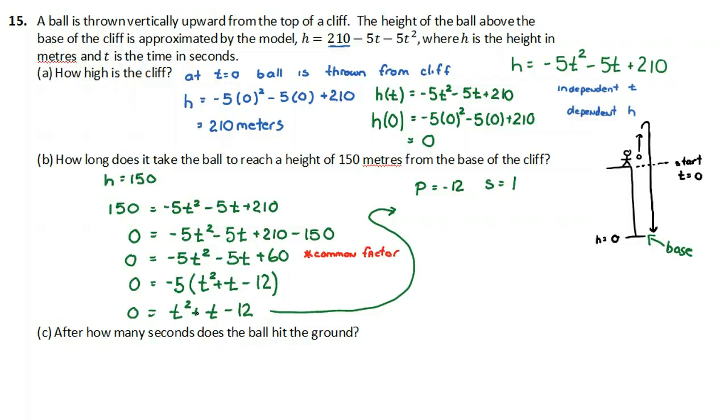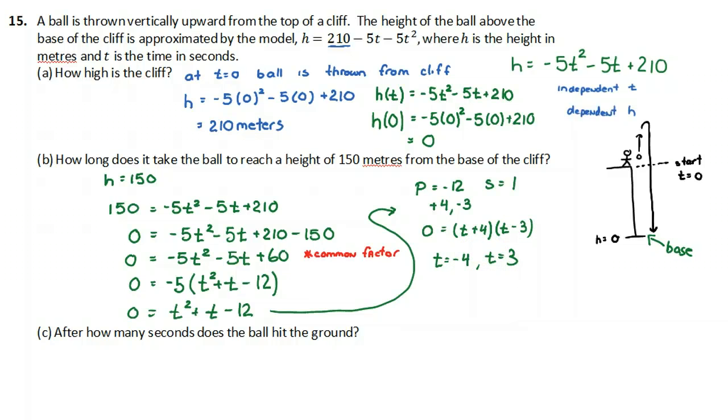So my two numbers are going to be +4 and -3. So I can factor this very quickly to t plus 4 and t minus 3. So therefore, t is equal to -4, t is equal to 3.